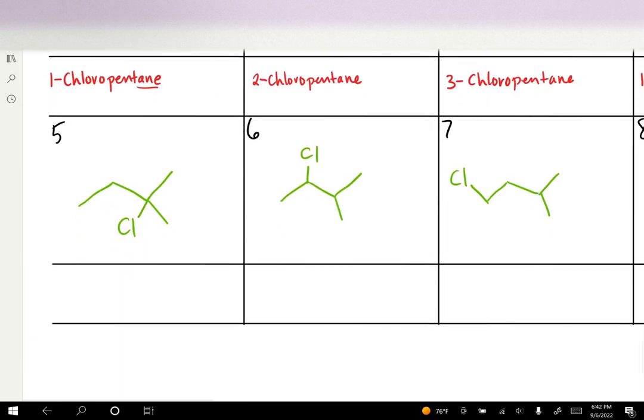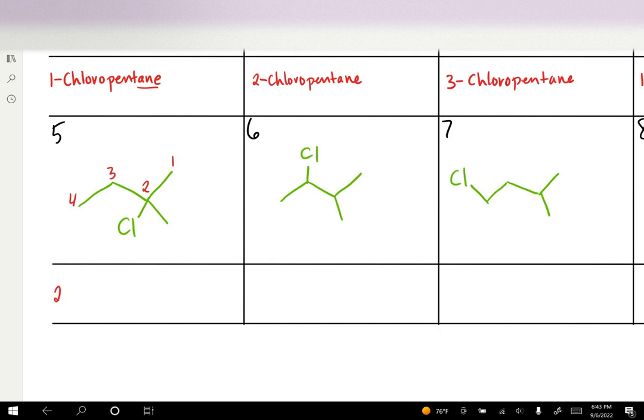On to 5. Again, keeping track of our main chain here. We have 1, 2, 3, 4. And of course, this would be the same as if I said that carbon was 1 instead. Those groups are equivalent. I'm just going to number it like this.